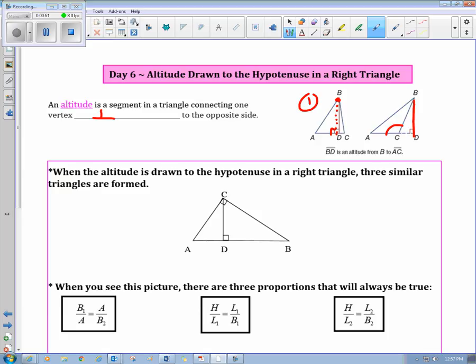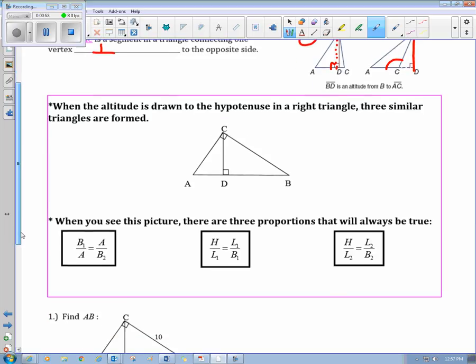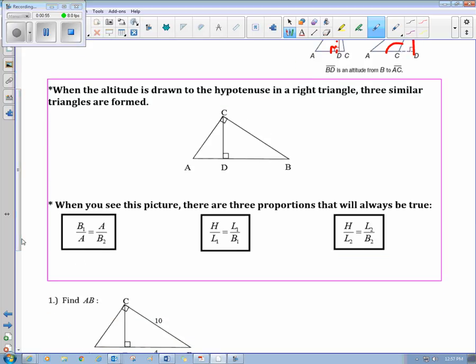Specifically today, we are talking about when an altitude is drawn into a right triangle. So in this particular picture, the right triangle that they're referring to is triangle ACB. It's the big triangle. And the altitude being drawn in is the altitude that goes from C to D. What ends up happening in this particular case is that you end up having three right triangles.